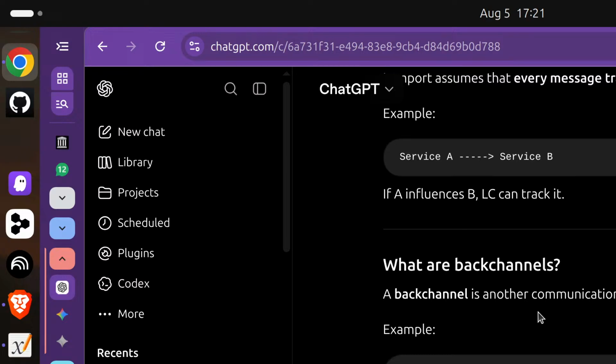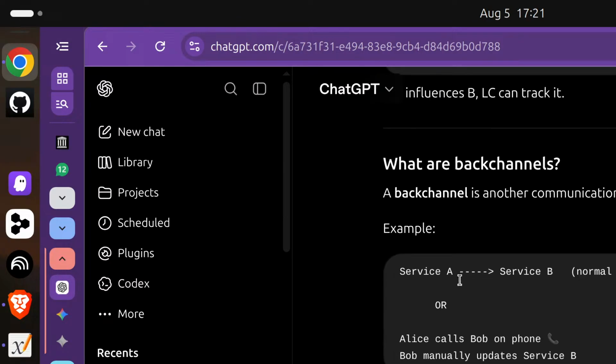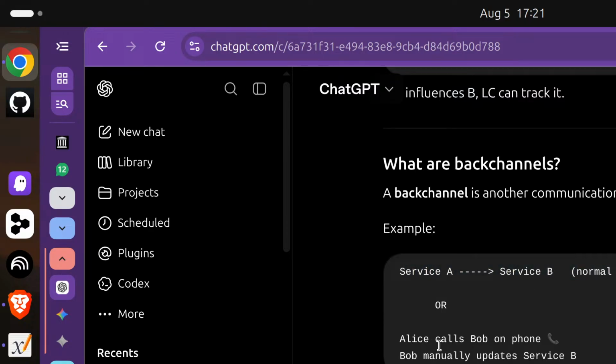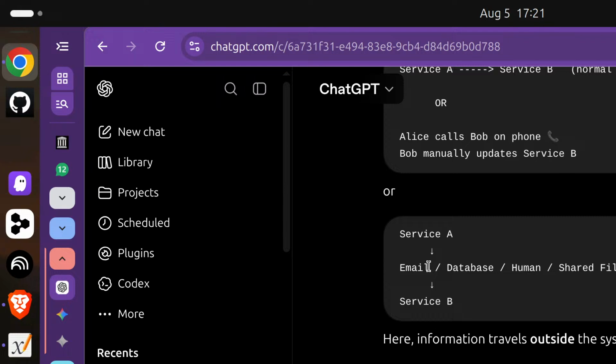What are back channels? A back channel is another communication path outside the system. For example, service A can influence service B, that's normal. But Alice calls Bob on the phone, and Bob manually updates service B. So Alice is influencing service B through Bob. Or the channel could be emails, databases, human shared files, something.